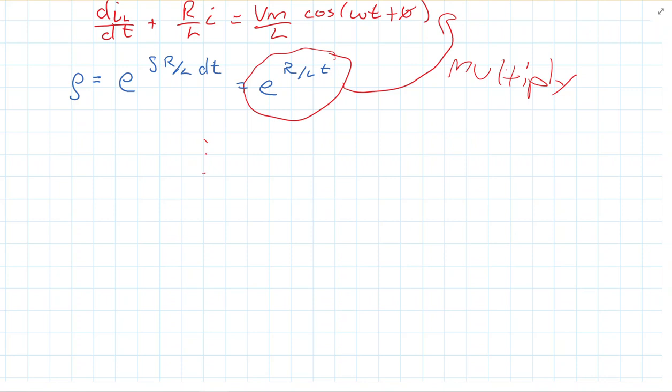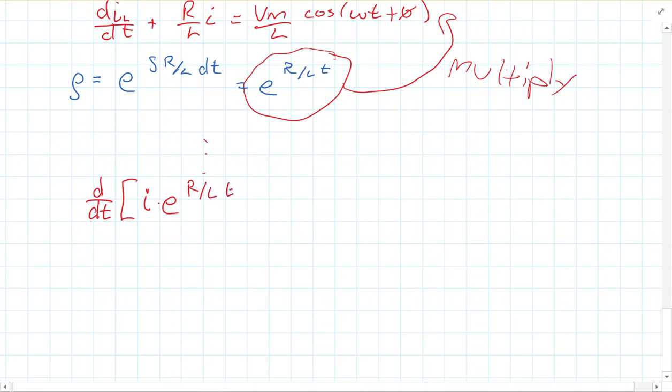Okay, so then what we get here is the resulting equation. You'd have the derivative with respect to t of I times e to the R over L t is equal to e to the R over L t times Vm cosine of omega t plus phi.